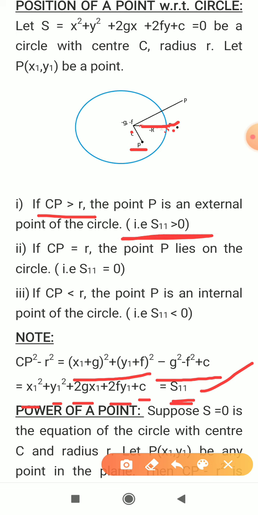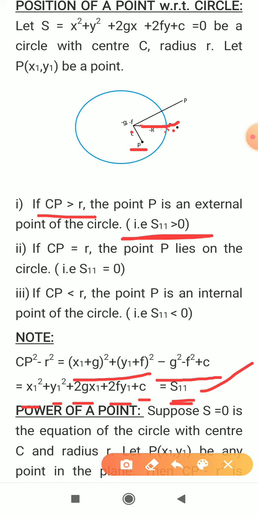To find S11 is simple. S11 is nothing but x1 square plus y1 square plus 2gx1 plus 2fy1 plus c. That means substitute the given point P(x1, y1) in the given circle equation. That means put the x coordinate, y coordinate of P in the places of x, y in the given circle equation. That is very easy.